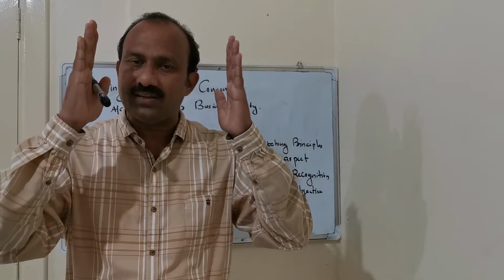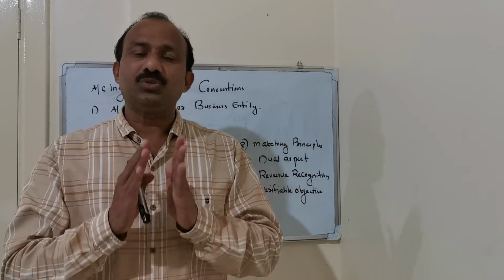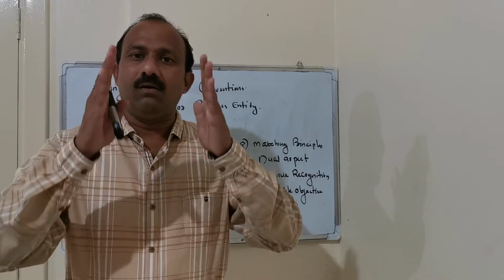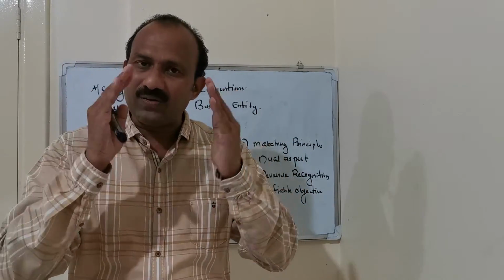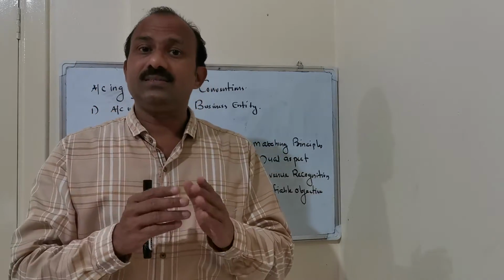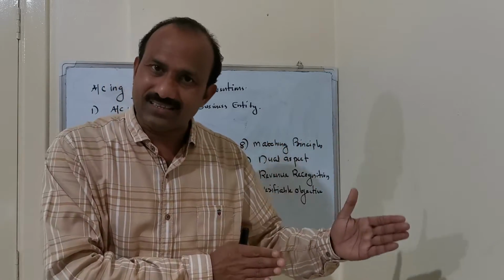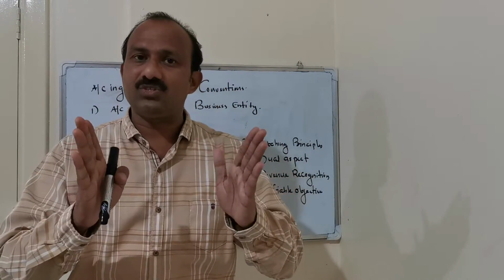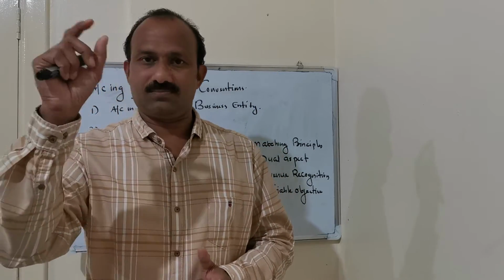Whenever you are preparing financial statements, you should clearly disclose all the points truthfully and perfectly. It does not mean secrecy of the business. There is no need to disclose secrets, you can keep them as they are. But the known factors, you have to disclose perfectly. This is known as full disclosure.